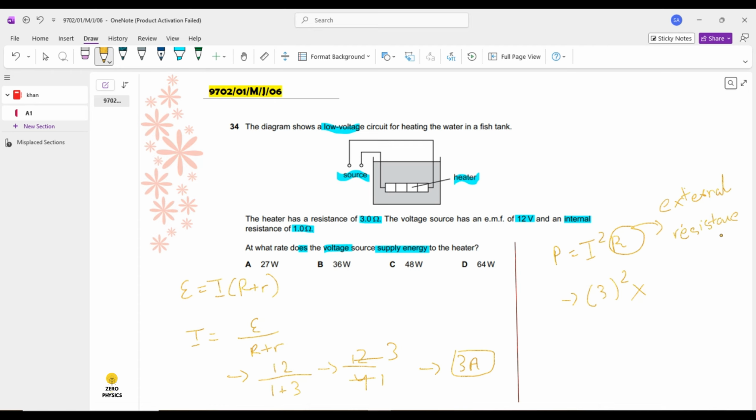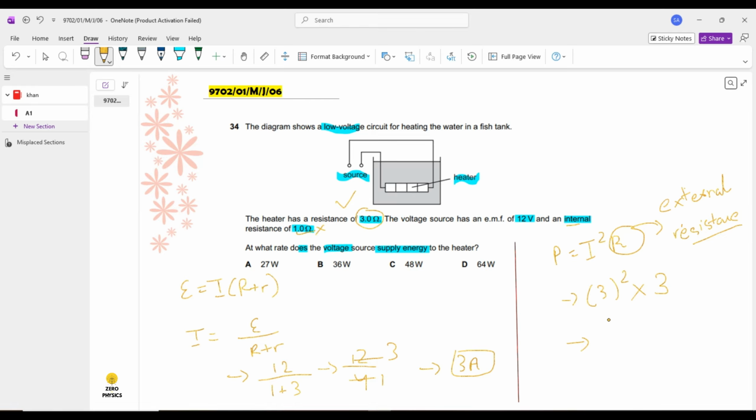You can never use internal resistance in the place of this R. It is stated in the question that internal resistance is 1, you can never use this thing. You always use 3 ohms, which is the external resistance.